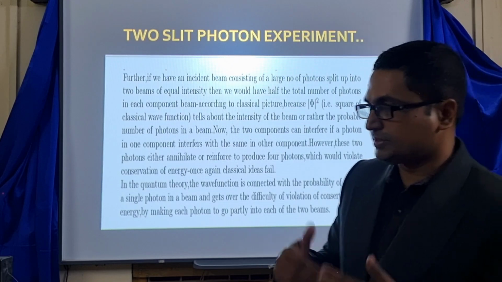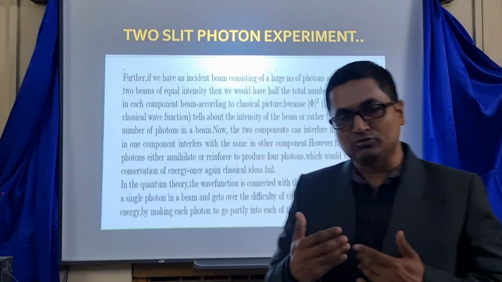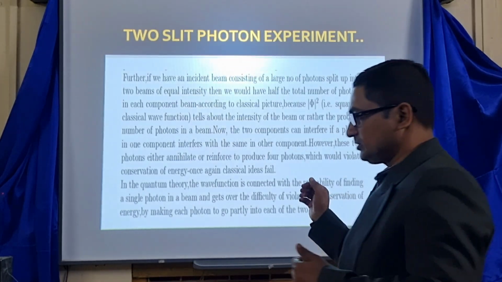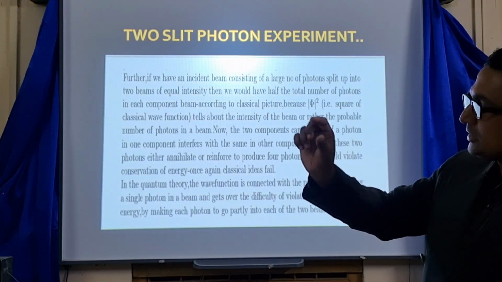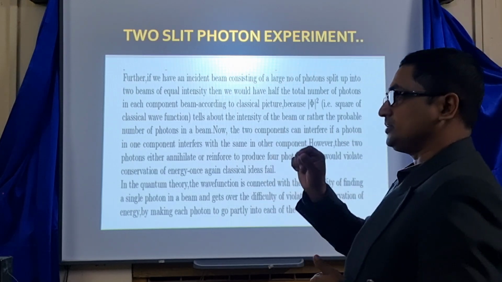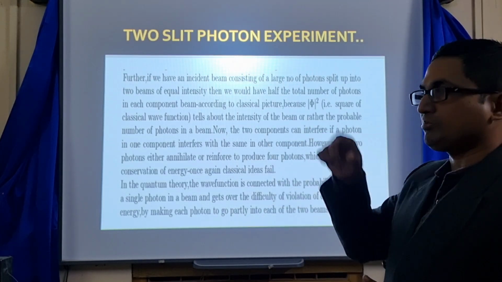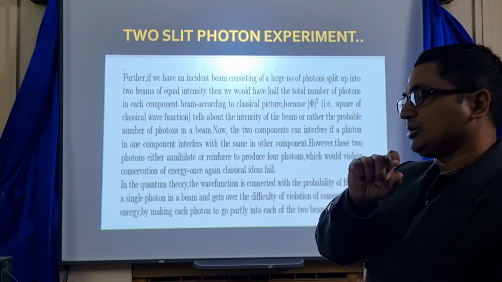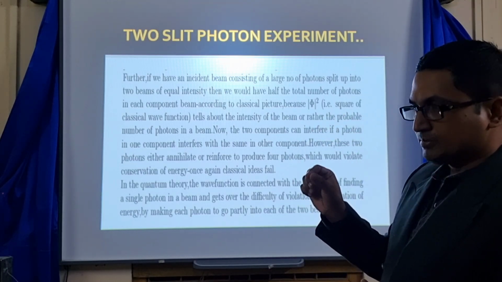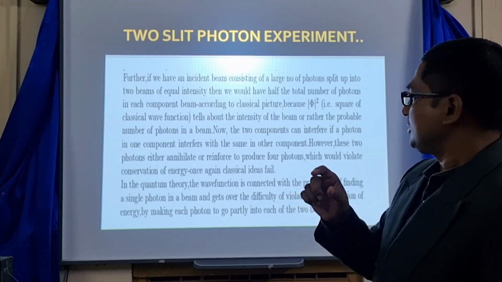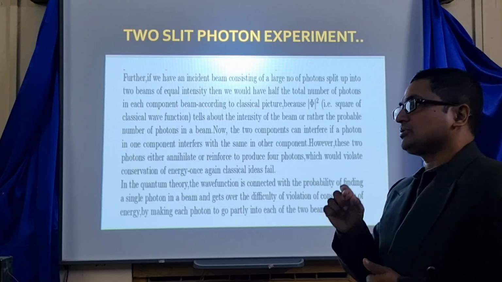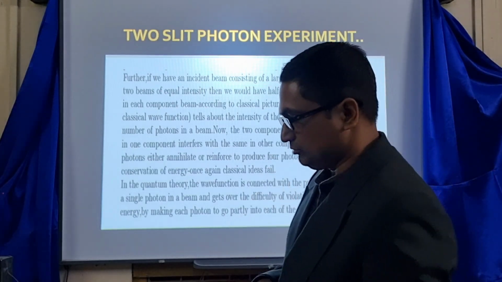And similarly for a group of photons the same condition applies, where for a particular slit, say S1, a particular wave function will represent the probability of passing through that slit, and represents the state of the photons passing through slit S1.